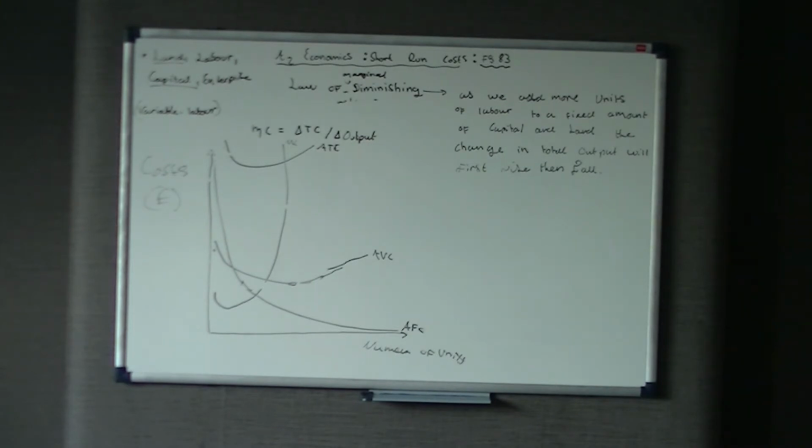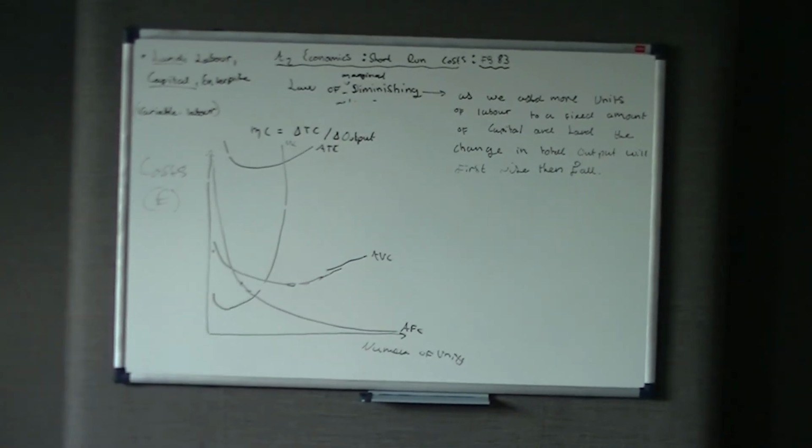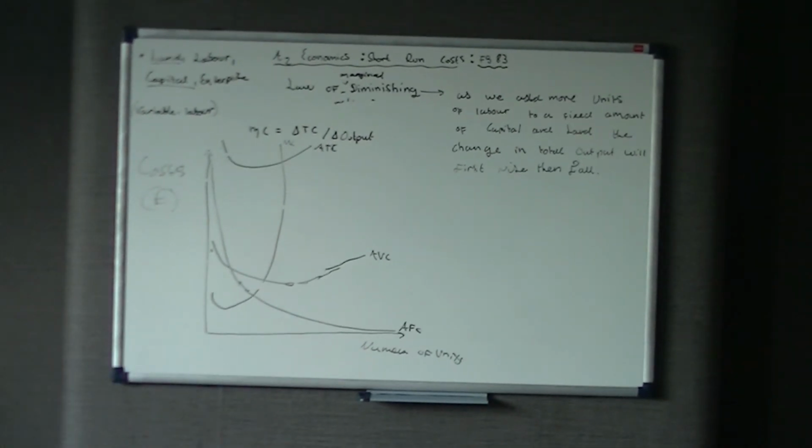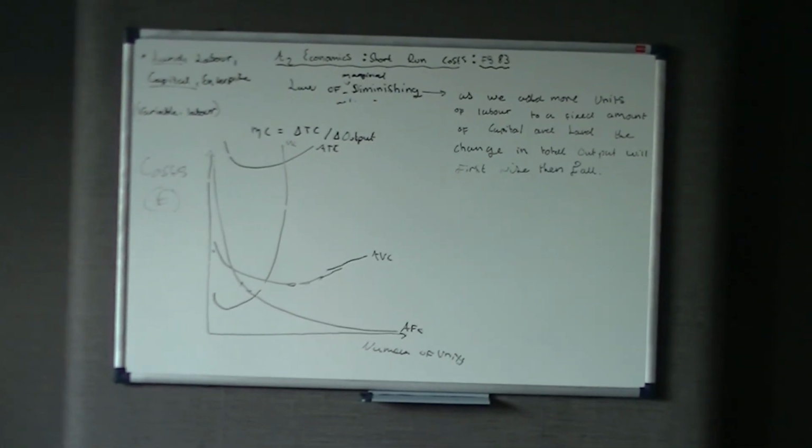I'm also going to be talking about something called the Q star, which is the optimum output level, returns to scale, economies of scale, diseconomies of scale, and what factors of production are and aren't fixed. So again, that was an insight to the next video. If it sounds like something you'd enjoy, just nip over to the next video.